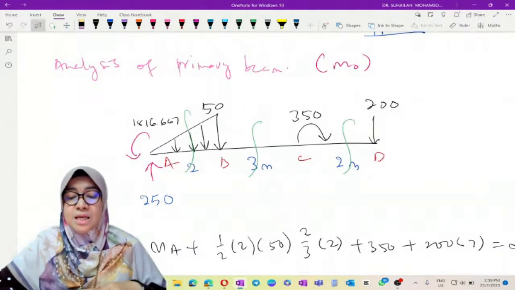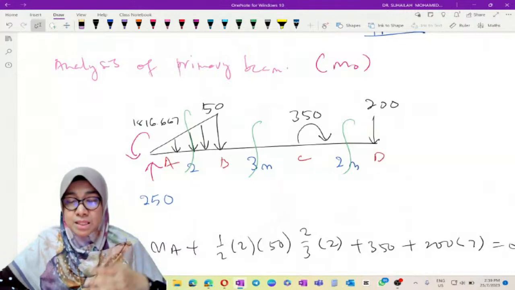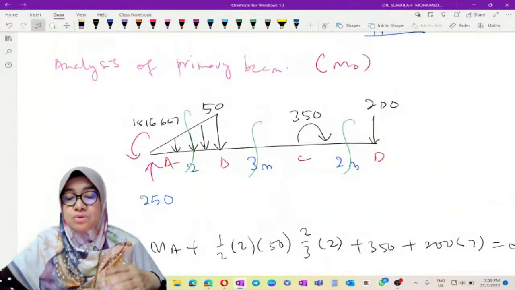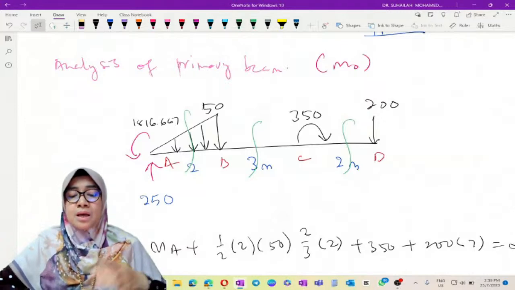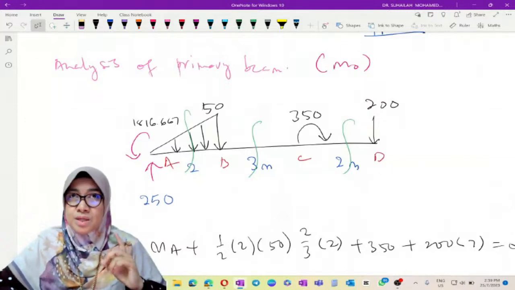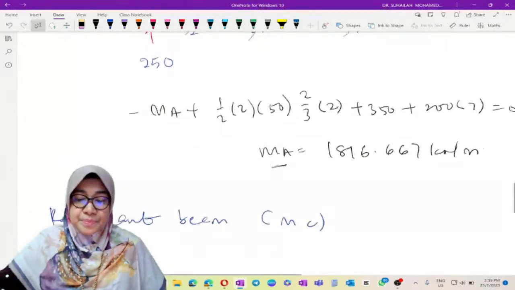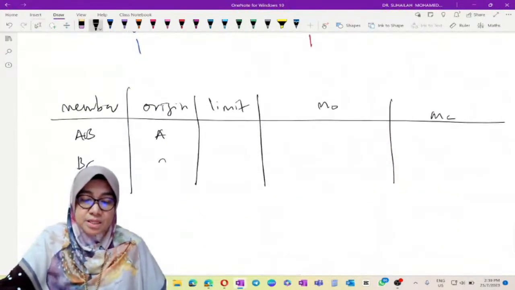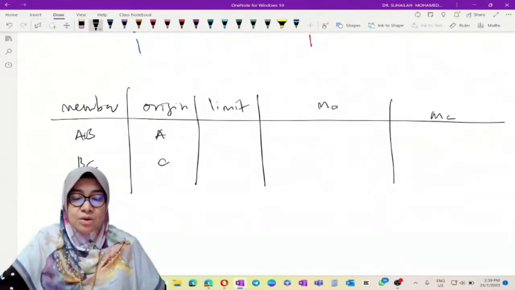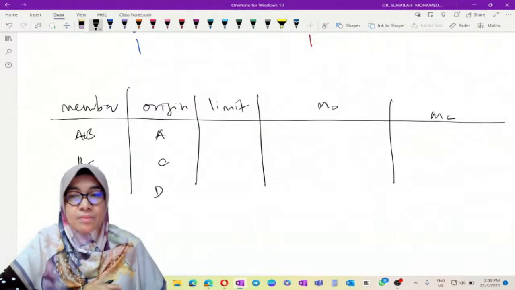So for BC, I would like to choose C as origin. I can choose either C or D, but this time I choose C as origin. So the origin is C, and for CD the origin is D.